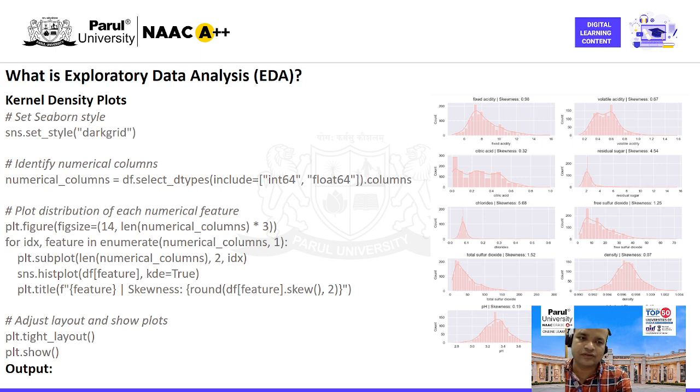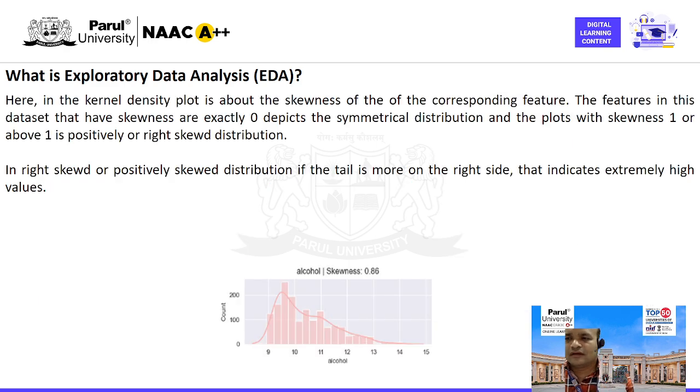After this you can see this diagram for all features. Whatever features you have in your data set, the graph will represent all of them. So that is the kernel density plot you can see. The kernel density plot is about the skewness of the corresponding features.